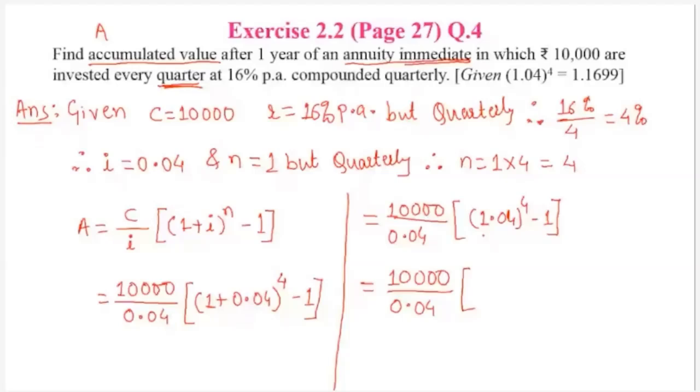How much it is? 1.1699 minus 1. Subtracting 1 is very easy. So that is equal to 10,000 divided by 0.04 multiplied by 0.1699. Correct?